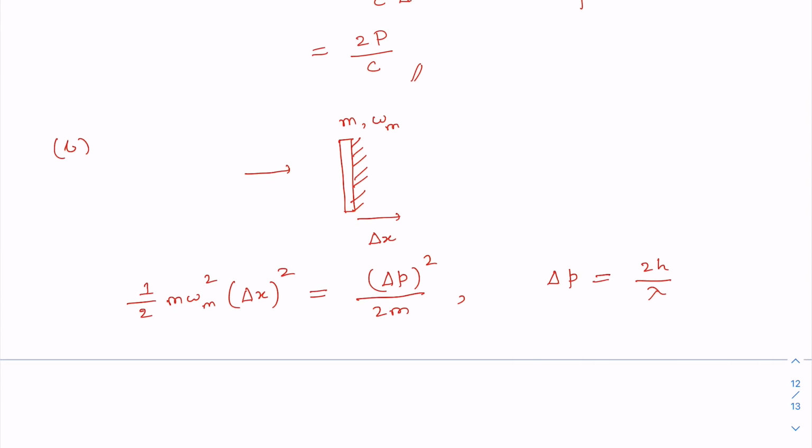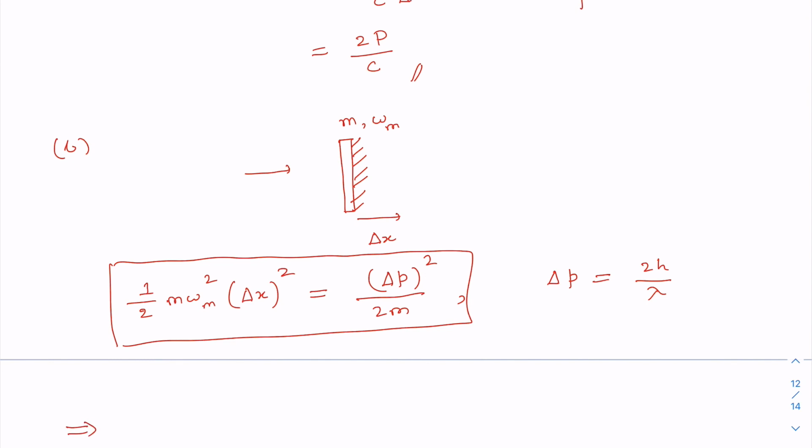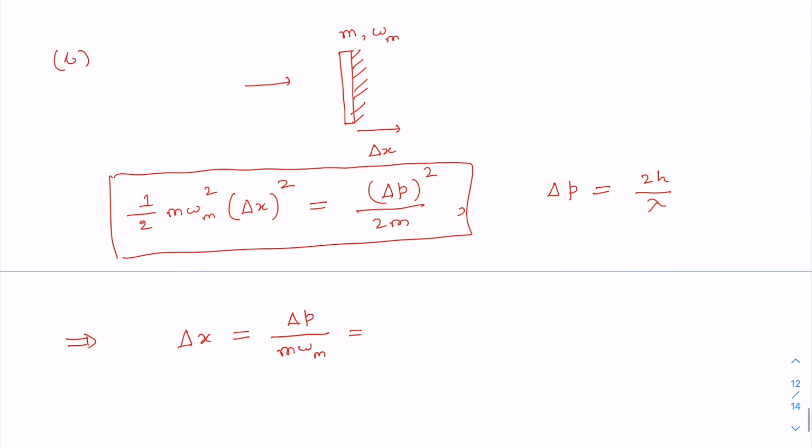From this equation we can find out what is delta x. Delta x would be equal to delta p divided by m omega m, which I can now write, putting the value of delta p, as 2h divided by lambda m omega m.